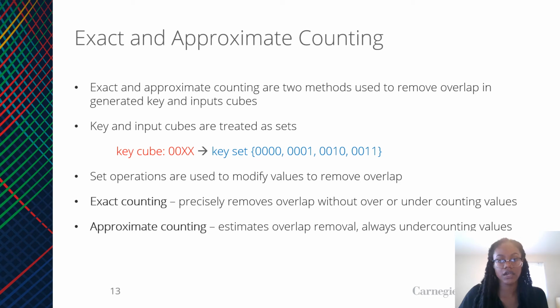Exact counting removes overlap without over or under counting the number of values contained in the sets, while approximate counting removes overlap by performing an underestimation of the total number of non-overlapping values. Approximate counting is less accurate, but it has a much faster runtime than exact counting. More details on these algorithms are included in the paper.